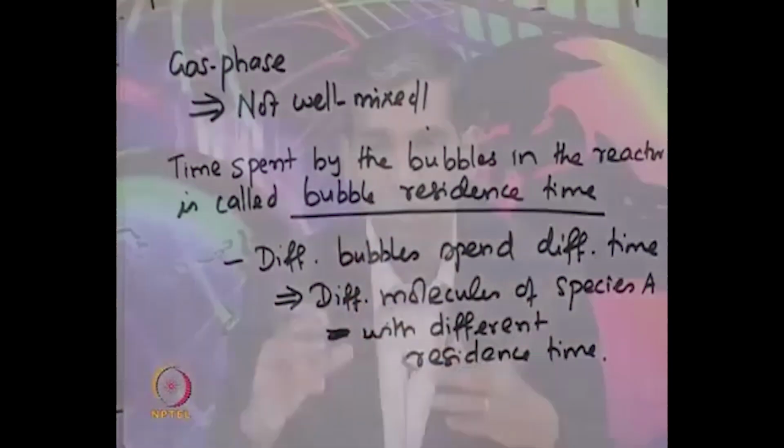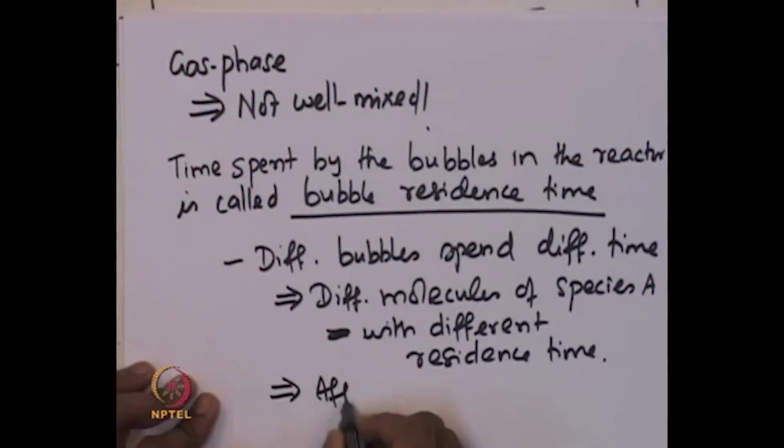Although all of them would have come into the reactor at the same time, because different bubbles spend different amounts of time inside the reactor, different molecules of species A would also have different residence times. So, clearly this is going to affect the reaction rate.